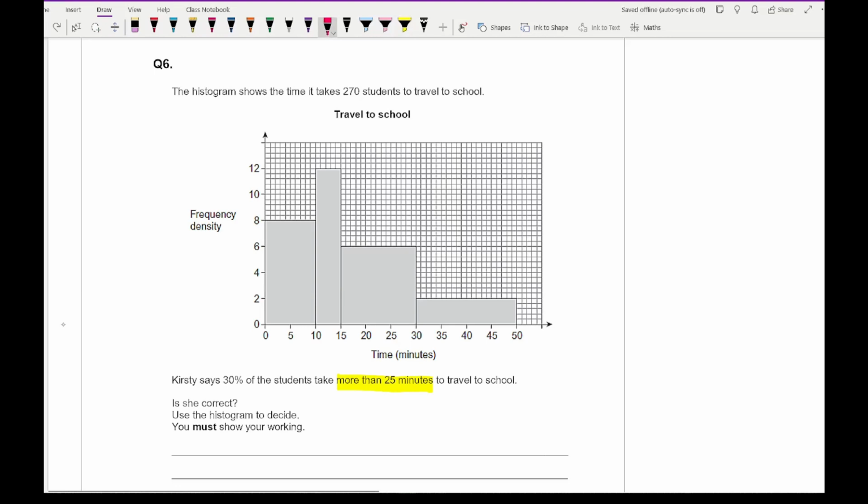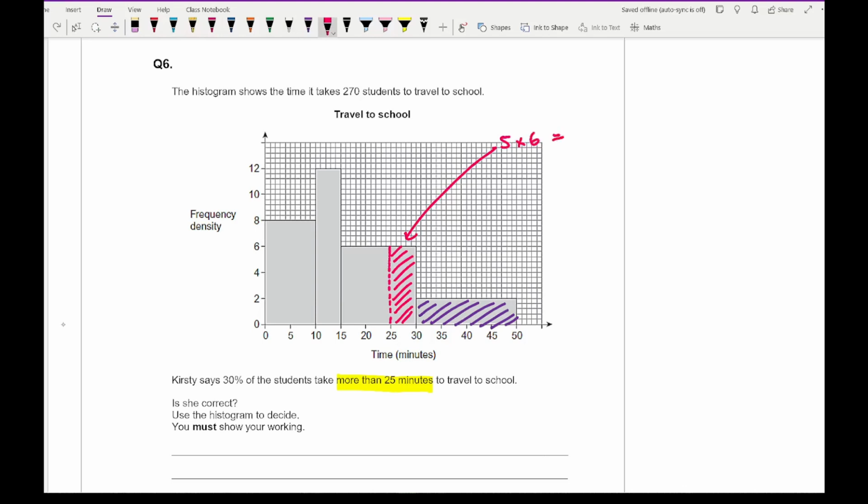So if I represent that on the histogram, I find 25, and more than is going to be to the right of that. So I need to work out the area of that pink section and this purple section. So this pink section is going to be a class width of 5 and the frequency density is 6.